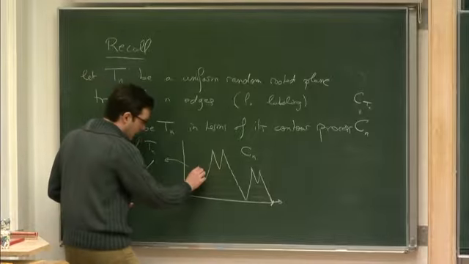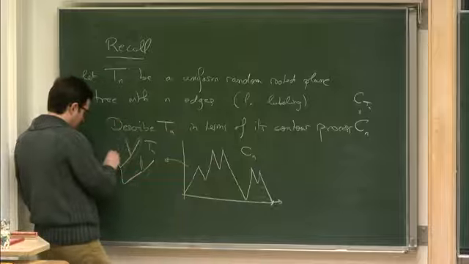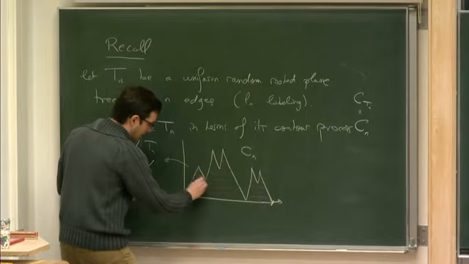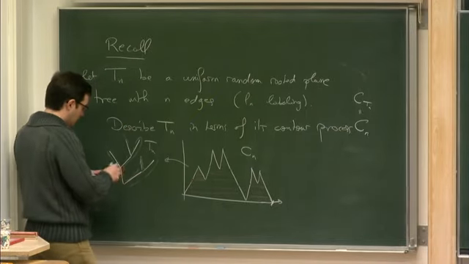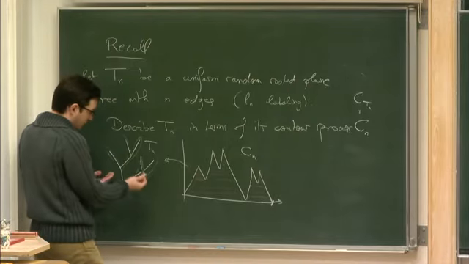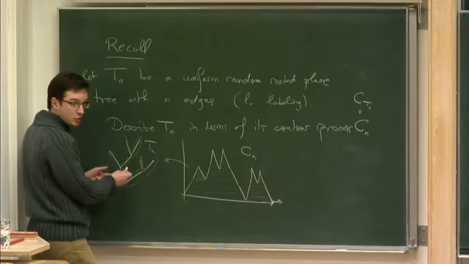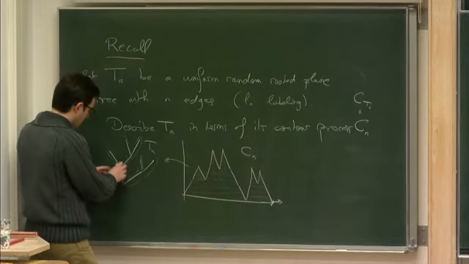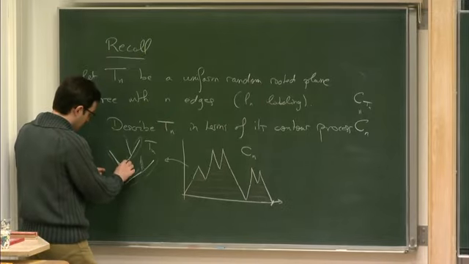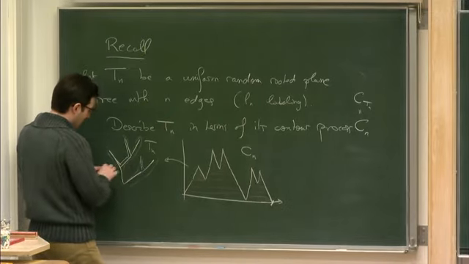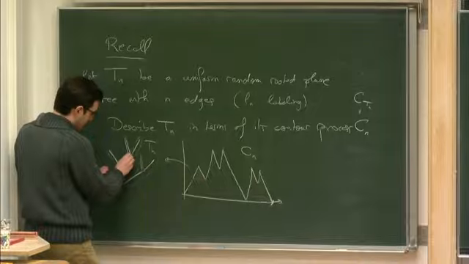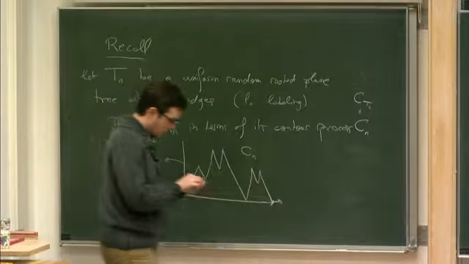For instance, the edge that appears here corresponds exactly to the points that are identified on this side. Another way to say it is that trees can be viewed as polygons that are glued in a certain way. So when you unfold the polygon, you are exactly creating these pairs of points identified like this.